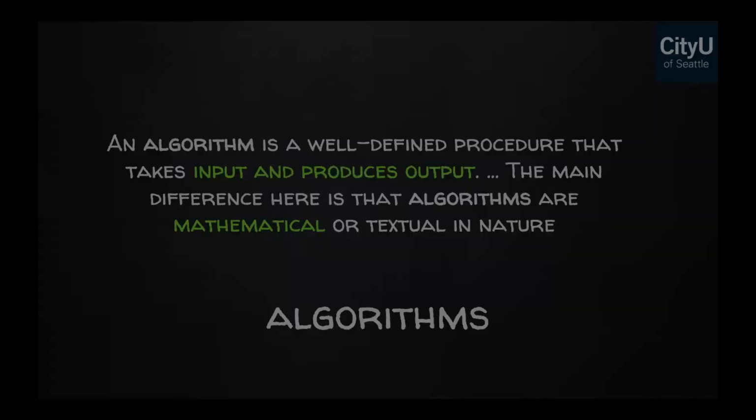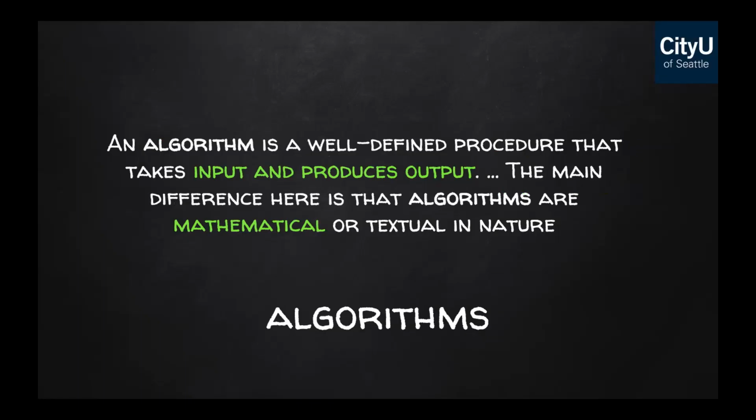An algorithm is a well-defined procedure that takes an input and produces an output. It basically means that if I want to search for something, I should either get a Boolean value that says, hey, I found it, or let's say I want to know the index, and then I return that index, which is a number, again an output.